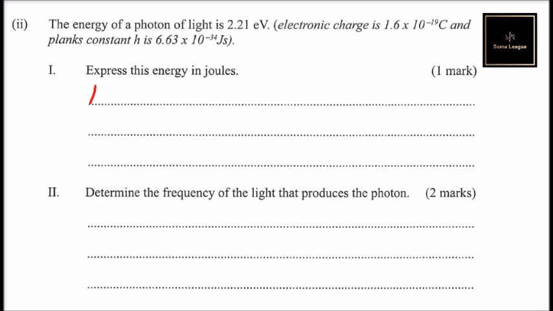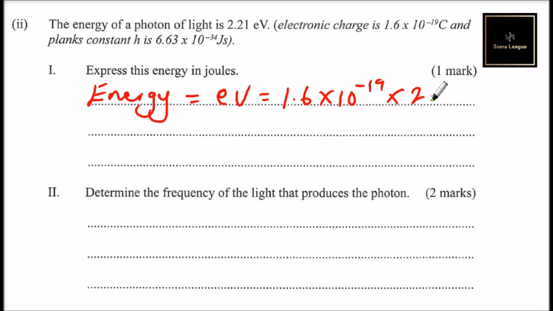So energy is equal to eV, that is electronic charge multiplied by the voltage, which is 1.6 times 10 to the power minus 19 multiplied by 2.2 eV. Using your calculator, you get 3.52 multiplied by 10 to the power minus 19. So that's how you get the energy.